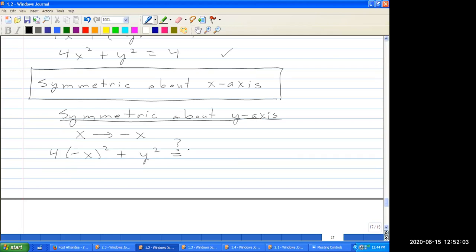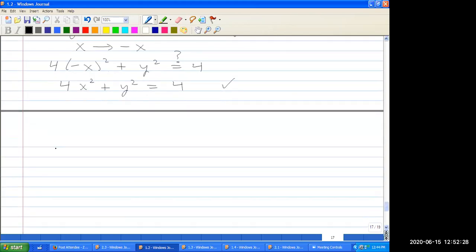And let's see if this equation still holds. Well, negative x squared is just x squared. And so, yes, this is the same equation. And so, yes, this equation here is invariant under the transformation, replacing x by negative x. So yes, it's symmetric about the y-axis.